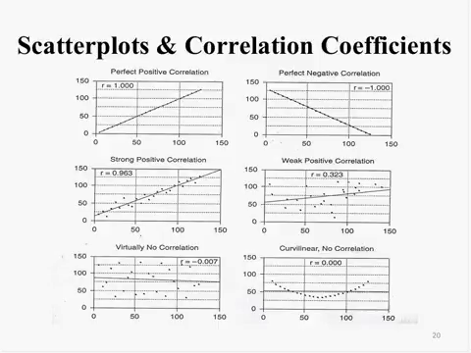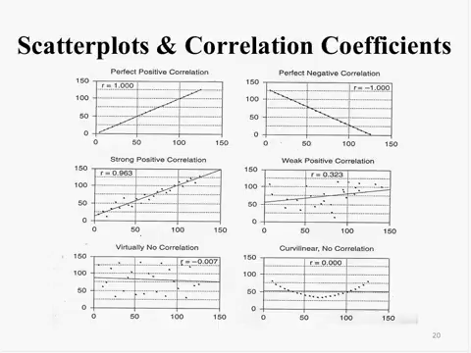And as we move down the slide, you see strong positive correlation where you've got a bunch of dots and you do a best fit correlation with a straight line, and you can see that the correlation is still very, very high, but certainly not 1 as it is in the distribution just above it.